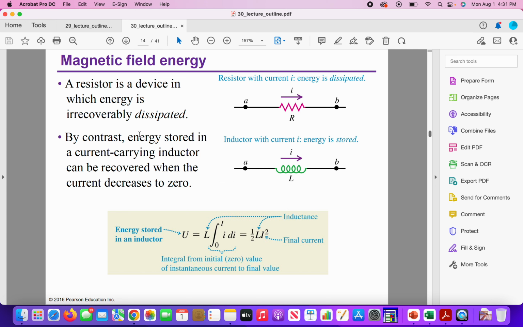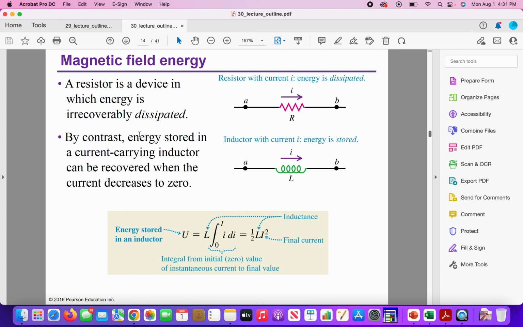On the other hand, if we have an inductor, then energy can be stored in it and can be recovered whenever we need it. That energy stored in an inductor is going to be L times the integral from 0 to I of i di, and that is 1/2 L I squared.